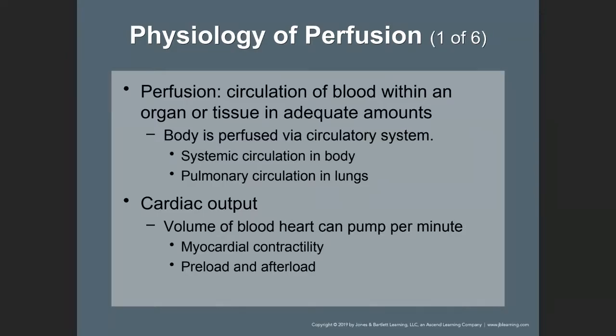Preload pressure is the pressure that builds up within the ventricles before they contract, that pressure that causes the ventricles to stretch before they contract. Afterload is the pressure that the blood moves against in the vessels after it leaves the ventricles. So the pressure inside of the arteries that the blood must flow against, that is what is referred to as afterload.